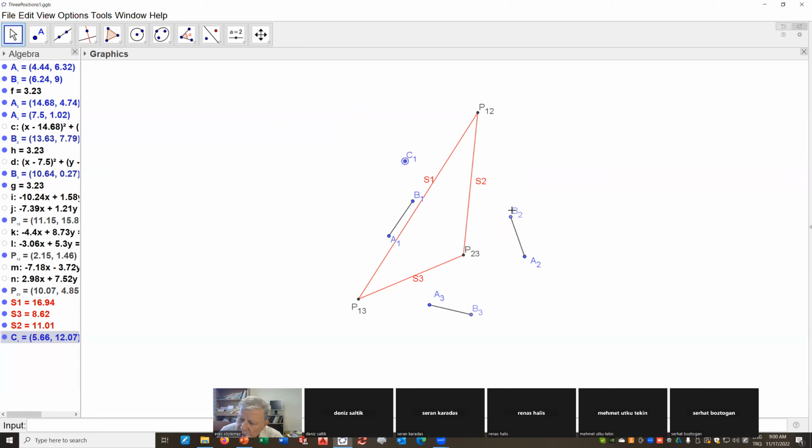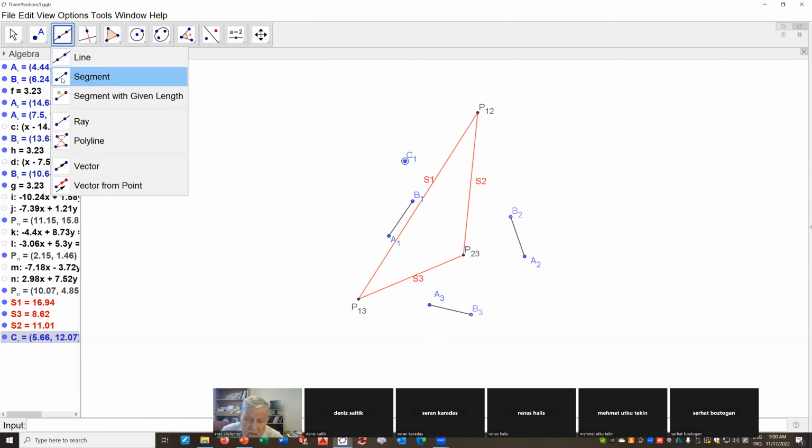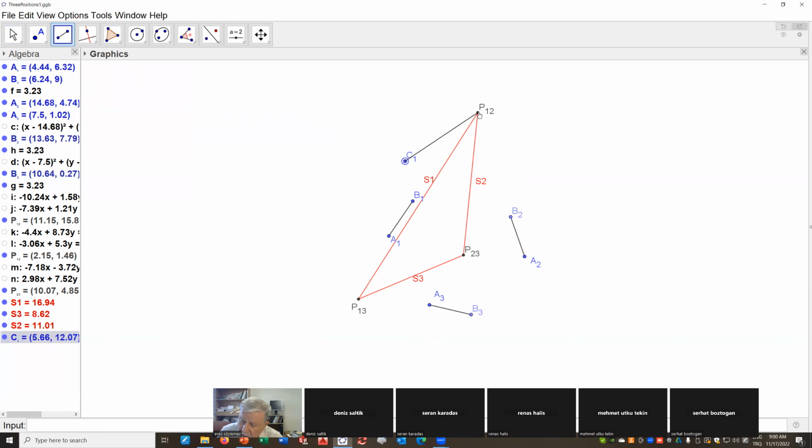Now, I can determine C2 and C3, as we discussed last time, and it was in your homework, by rotating C1 about P12 by an angle phi 12. Can I measure phi 12? Yes. Half of it is this angle.